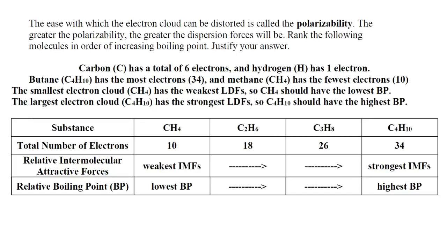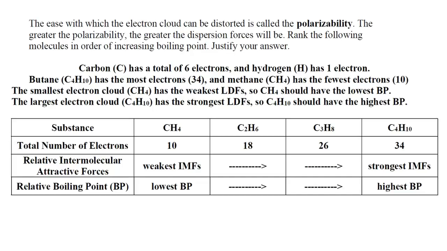And here's another question from that same packet. The ease with which the electron cloud can be distorted is called polarizability. The greater the polarizability, the greater the dispersion forces will be, and it's going to be a function of the size of the electron cloud. So here we have 4 substances from left to right: CH4, which has 10 electrons total, C2H6, 18 total electrons, C3H8, 26 total electrons, and C4H10, 34 total electrons.